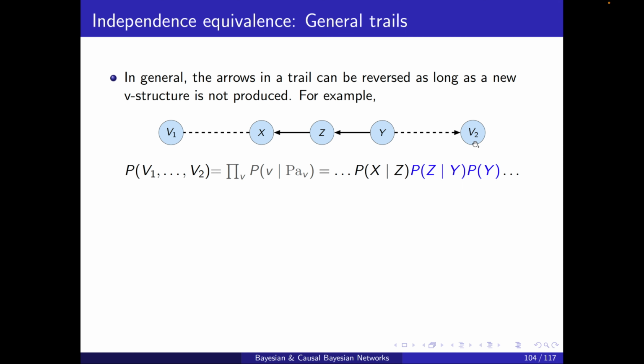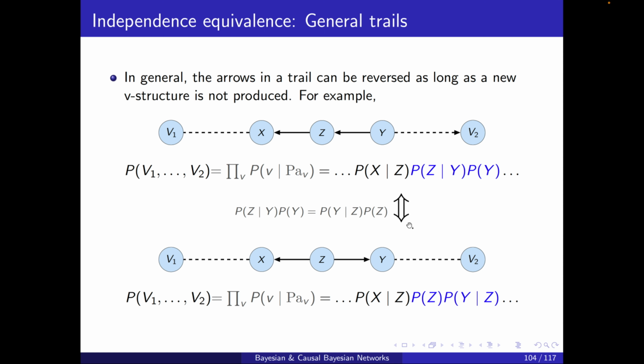When we get to here, it will be P of X conditioned on Z and P of Z conditioned on Y times P of Y, in this case, if Y does not have any incoming links. And then again, by Bayes rule, we can reverse the order like this, right? So this part I can write in this way. So these two will have identical joint distributions.